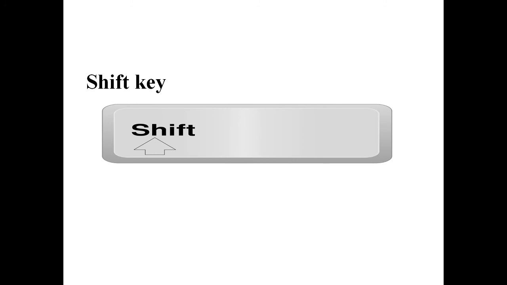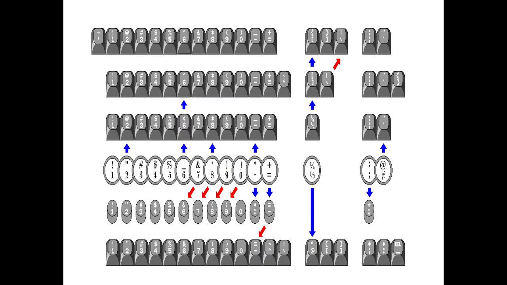And the last special key that we are going to discuss is the shift key. The shift key is a special key which is used to type different symbols which are marked on different keys. On the keyboard, above the number keys, we can see different symbols. Can you see?